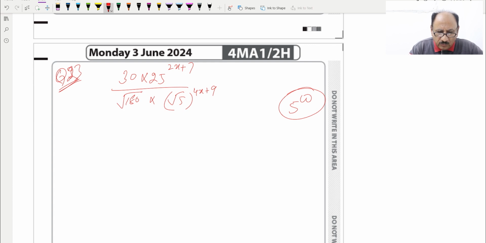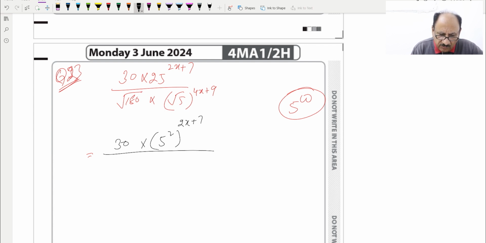So what we can do is rewrite this. 30 we can keep as it is, and 25 we can rewrite as 5 square, and whole raised to the power 2x plus 7.